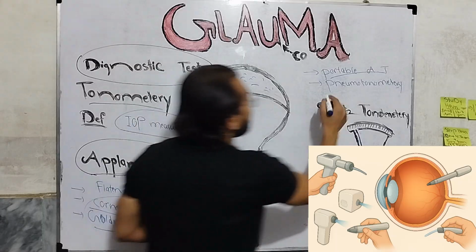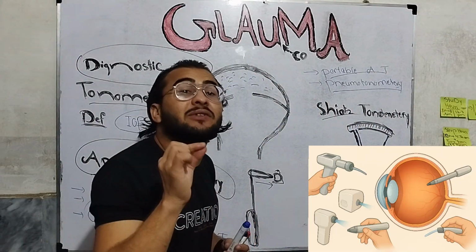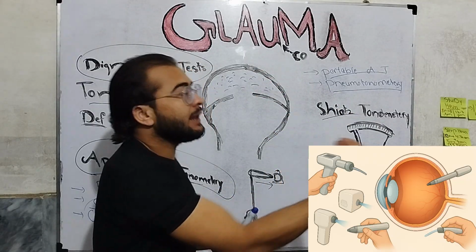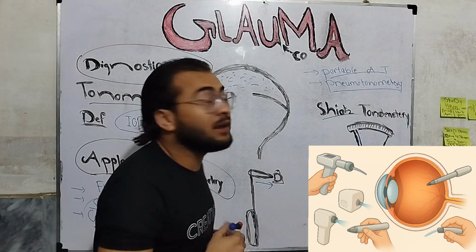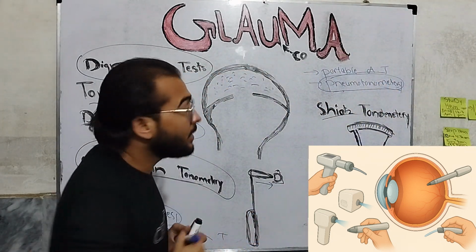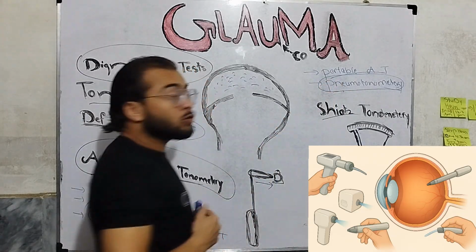Now we can have the pneumotonometer. In the pneumotonometer we use a pressurized air jet. Air is applied on the cornea, and this pressurized air will flatten the cornea and give us the calculated value of the intraocular pressure. This is called pneumotonometry. So we can use the pneumotonometer as well.